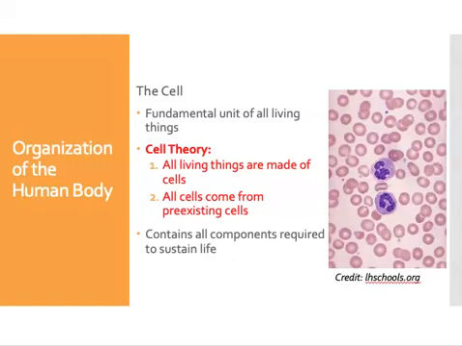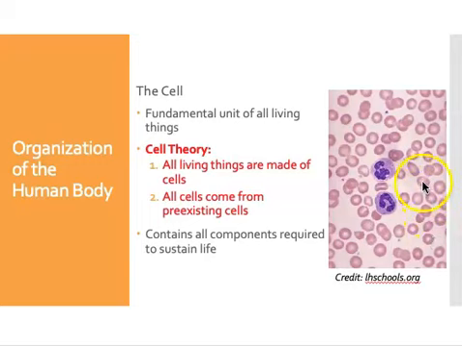If you look over on the right-hand side of this slide, we can see some common human cells. This image was taken under a light microscope, and it shows us some of the cells we find in a blood smear. The circular, smaller, magenta-colored structures on this slide are red blood cells.